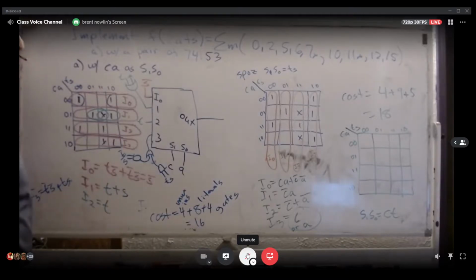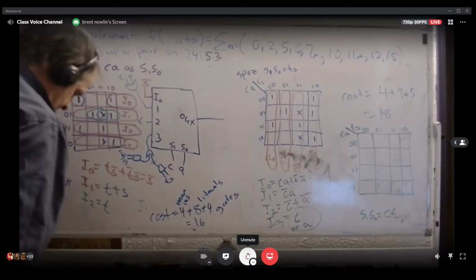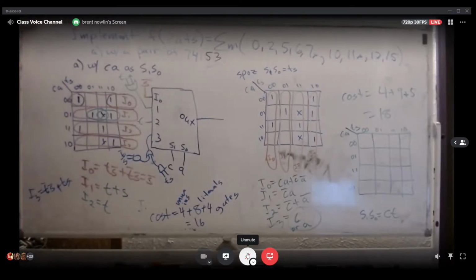What can I get rid of, guys? I'm good with the stuff on the left by now. Can I erase the left-hand side? You can get rid of all of it. Does anybody want to take a screenshot right now and throw it on the chat? It's up to you. Just let me know if you're doing that.